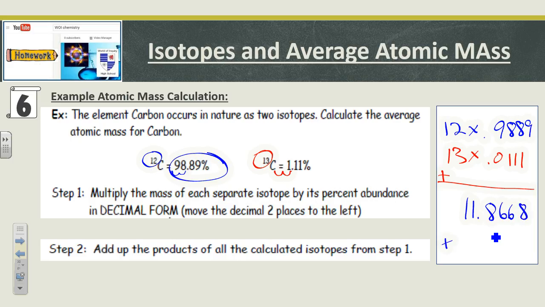I'm going to add that to 13 times 0.0111. That's 0.1443. Add these things up: 11.8668 plus 0.1443 equals 12.0111. Look, that is the actual number that is on our reference table.